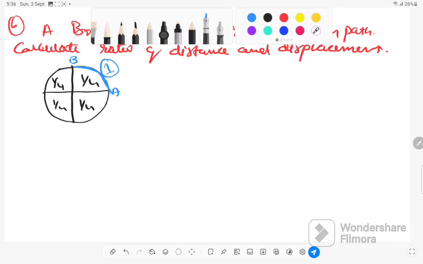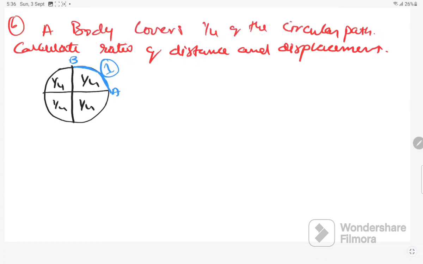That means we need to find distance, displacement, and divide them. Look at here, student, distance is nothing but the total path length or path traveled from A to B. Complete is the circumference.